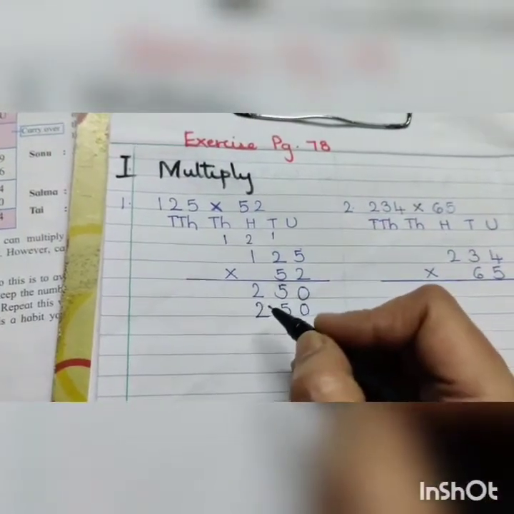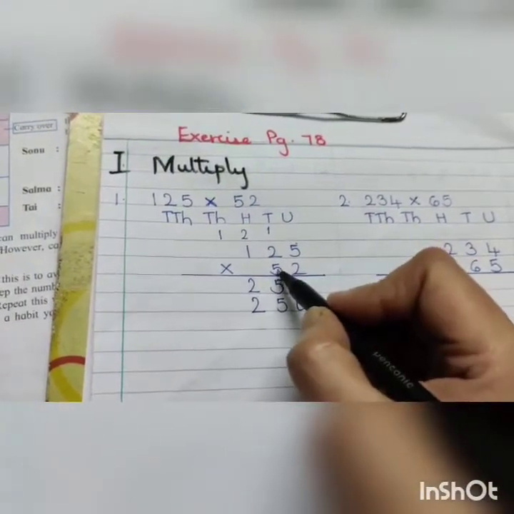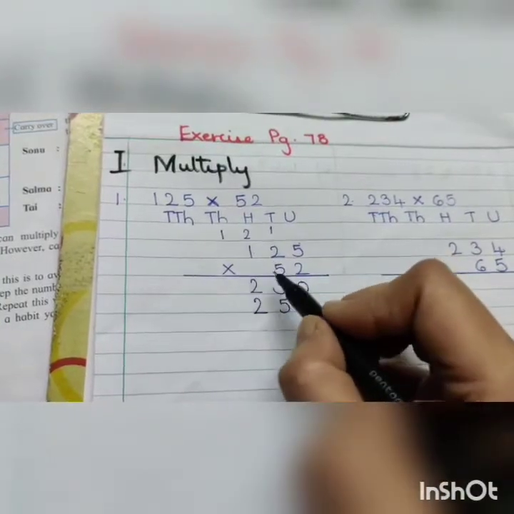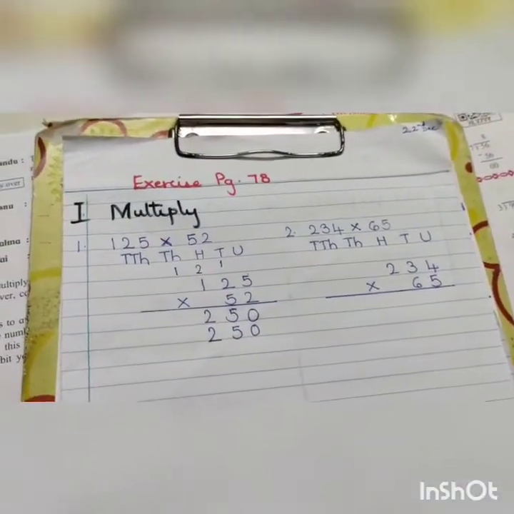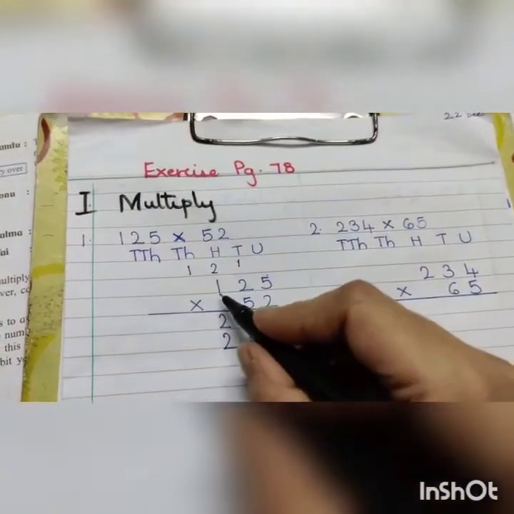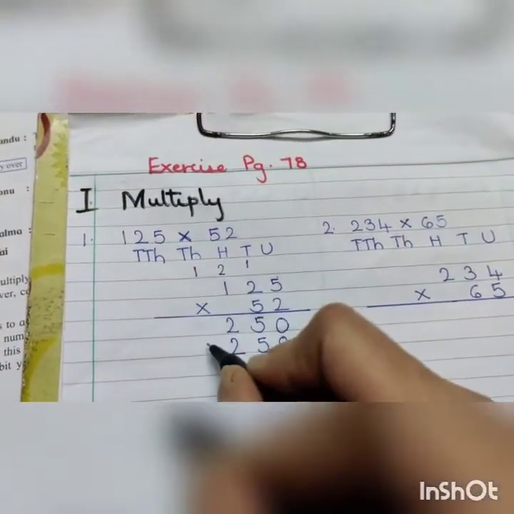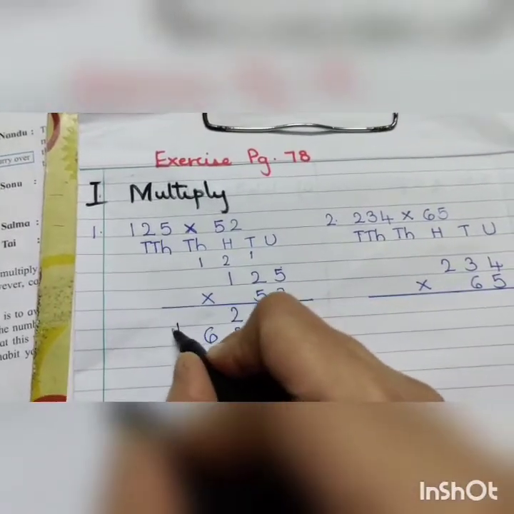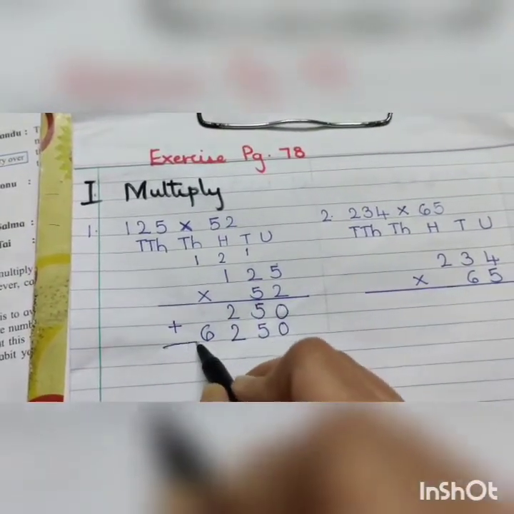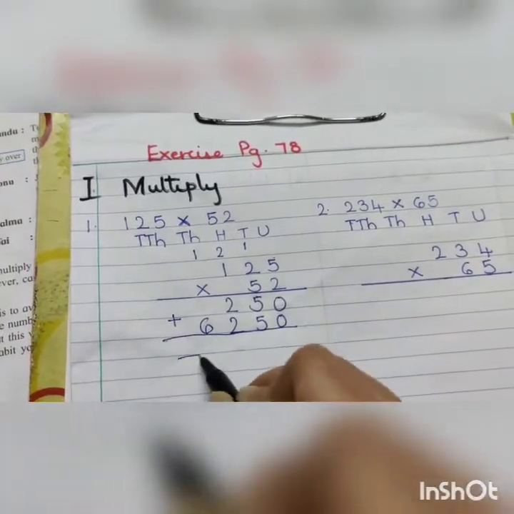Now let us do the next part. This is over, right? 5 ones are 5 and plus 1 is 6, correct? And we add. So when we add, we draw a line.